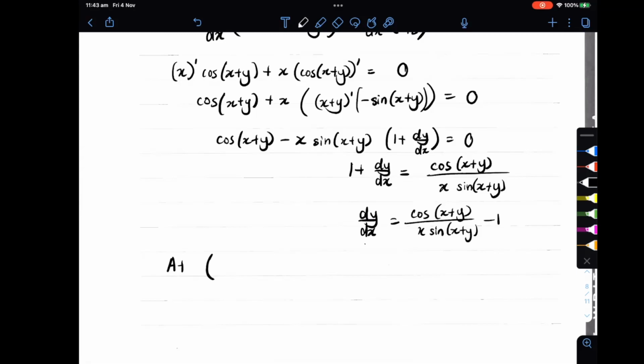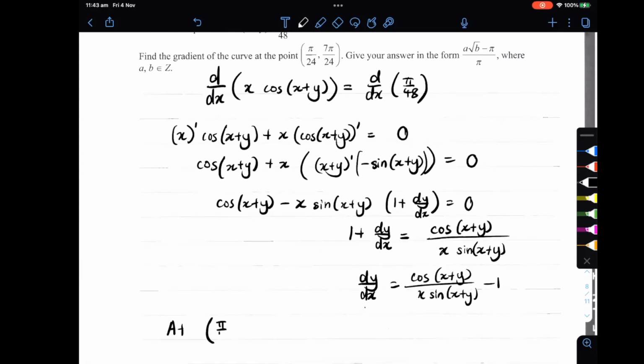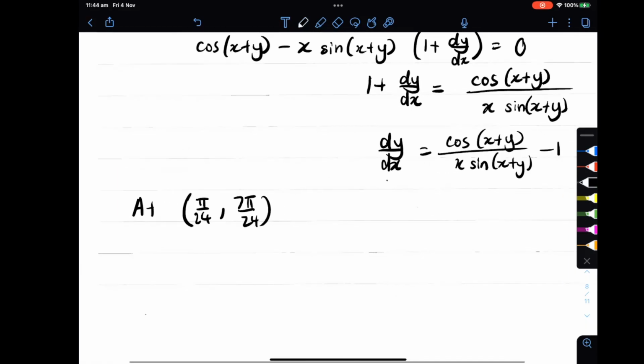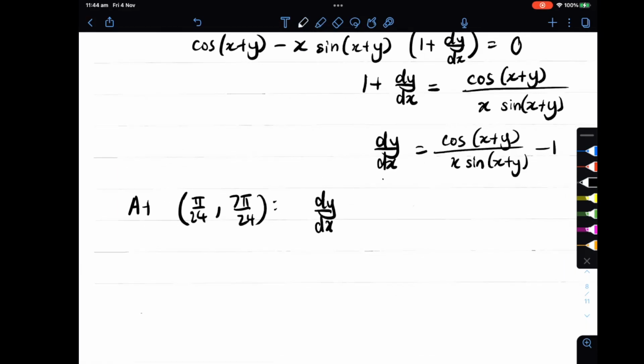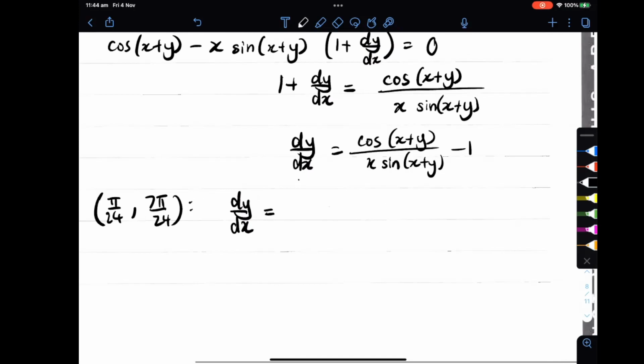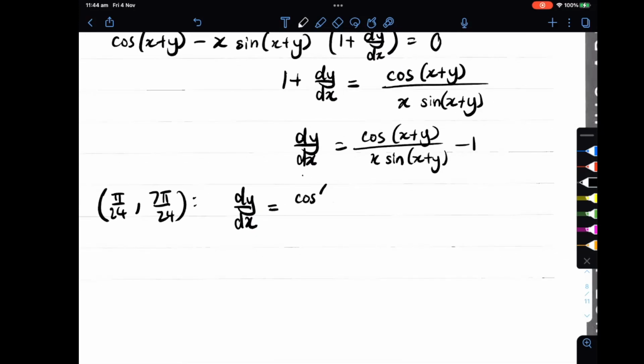So at what was the coordinates? We needed to find pi on 24 and 7 pi on 24, and we want to find the gradient. Okay, not the normal. Sometimes it asks for the normal. Alright, so if we were to sub in this point, we get dy on dx is equal to cosine of pi on 24 plus 7 pi on 24, 8 pi on 24, which is just pi over 3, times pi on 24 times sine of pi on 3 as well.